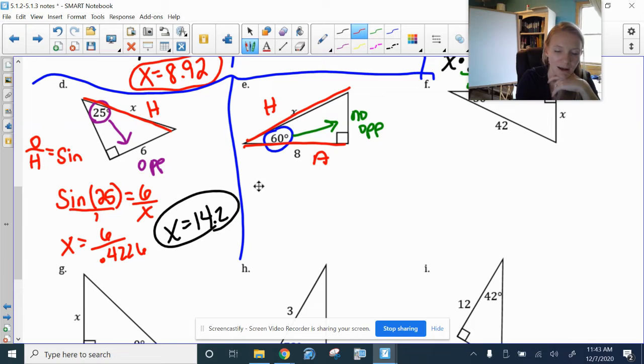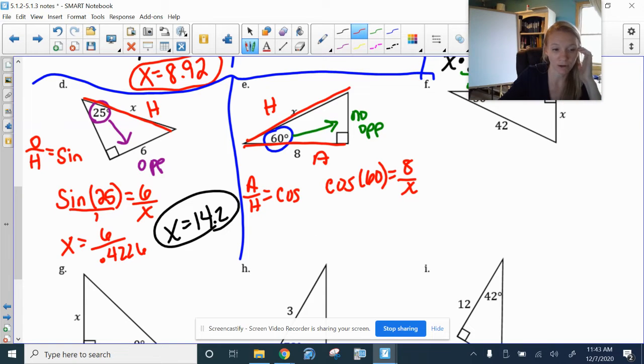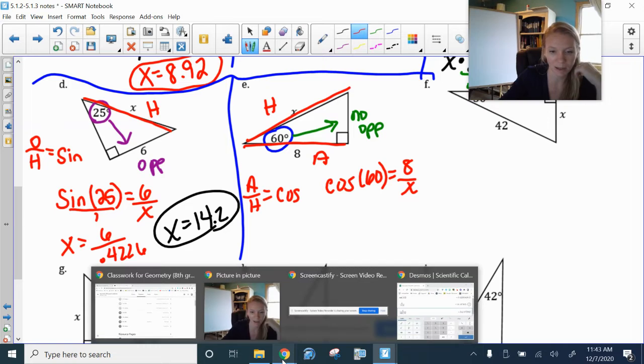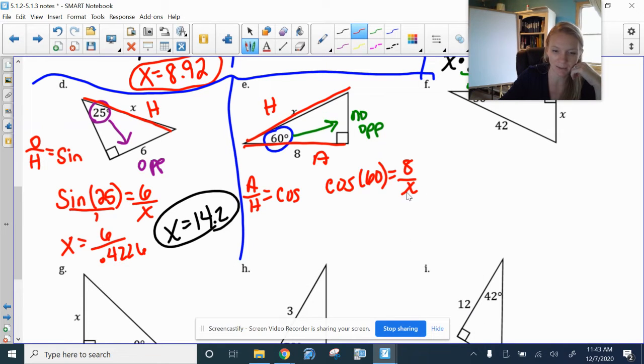So I have A over H, so that's going to tell me to use cosine. So I'm going to write cosine of my angle equals the adjacent over the hypotenuse. I'm going to figure out what the cosine of 60 is, and I'm going to divide, because I have x on the bottom.